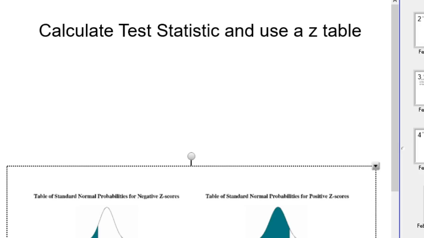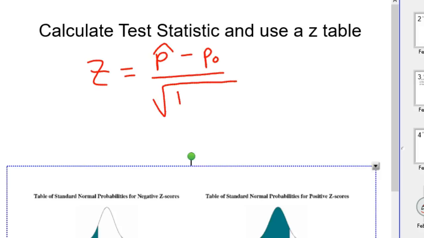Next, calculate the test statistic and use a z-table to calculate the probability, or the p-value. The test statistic is the z-score, which, if you remember from the last video, is p hat minus your initial p, divided by the standard deviation, which in our case would be the square root of initial p times 1 minus p, all divided by n.